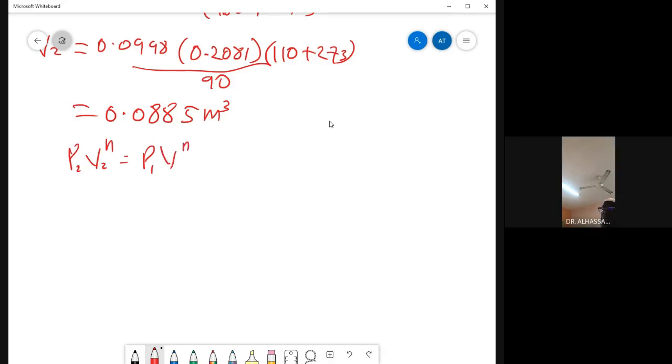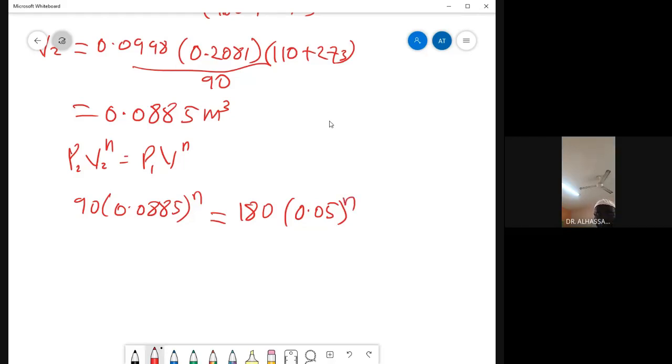So if you substitute all the parameters, you have 90 into bracket 0.0885 raised to the power n equals 180 into 0.05 raised to the power n.